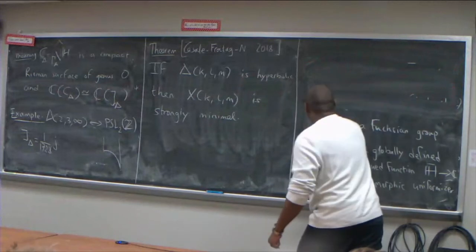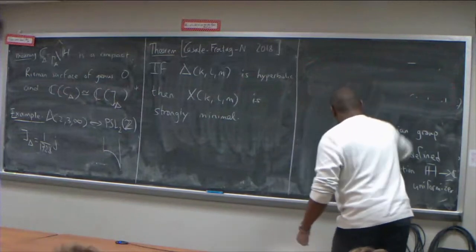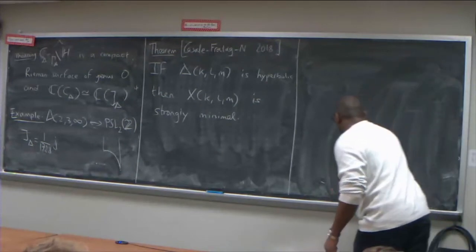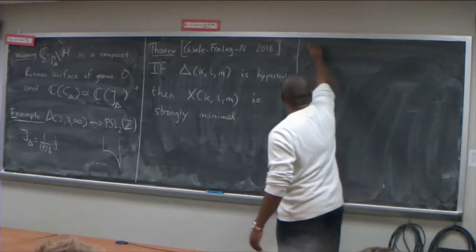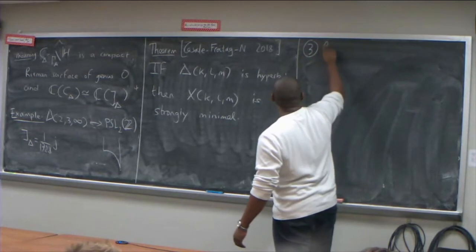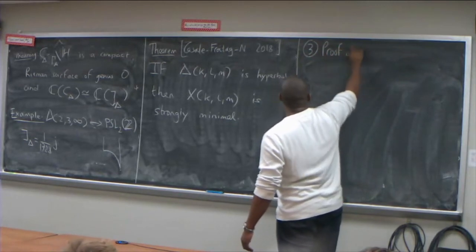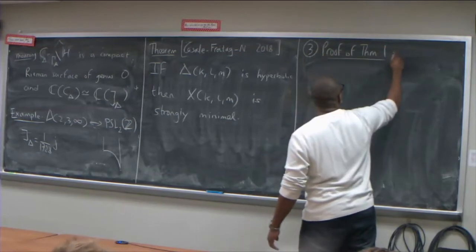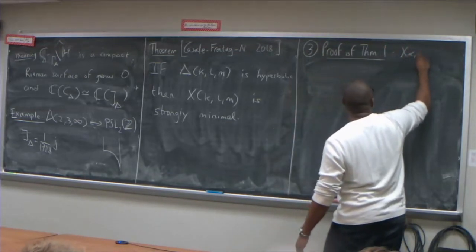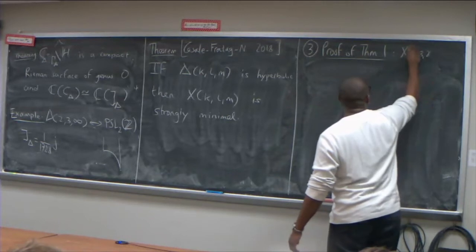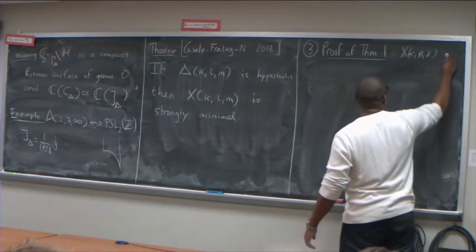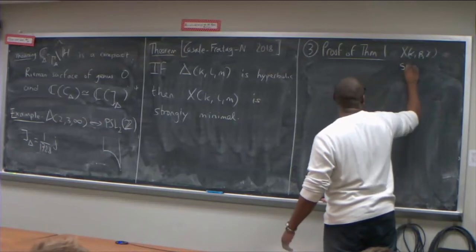Proof of theorem 1. So here, X alpha beta, we're proving strong minimality for generic parameters.